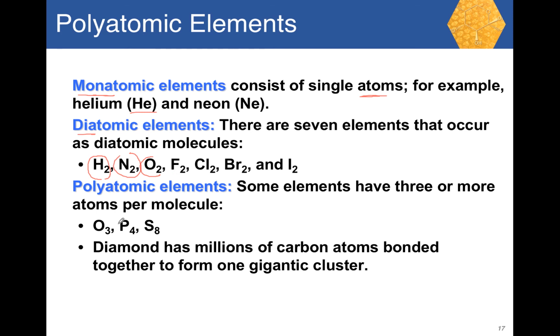There are other possibilities. We have here ozone. If you collect ozone in nature, it exists as 3 atoms of oxygen, triatomic. Same for phosphorus, and sulfur exists as 8.